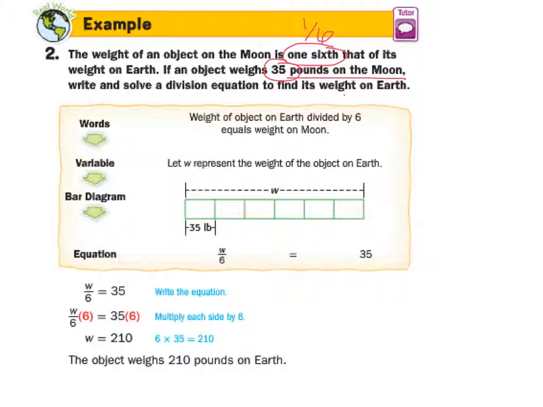So the total weight is what we don't know, and we know that 35 pounds is 1/6 of it. So we're going to take the W, the total weight, divide by 6, and that gives us 35. So we'd multiply both sides of the equation by 6, and so the original weight of that object was 210 pounds.